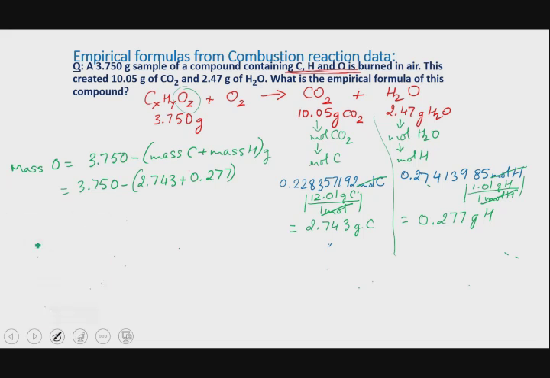How do we calculate the moles of oxygen? The moles of oxygen come from the mass of oxygen. Therefore, 3.750 minus the sum of the mass of carbon and the mass of hydrogen. This is all in grams of oxygen.